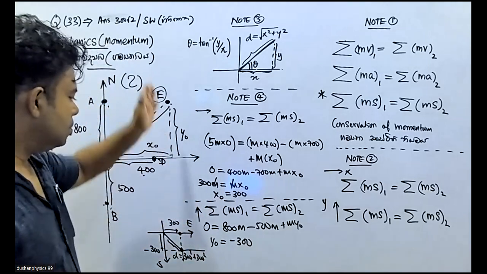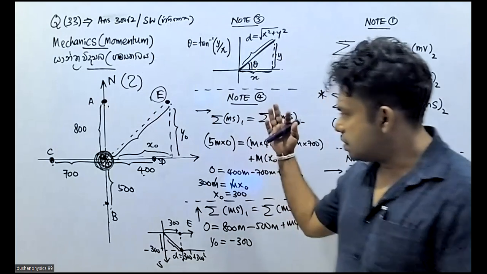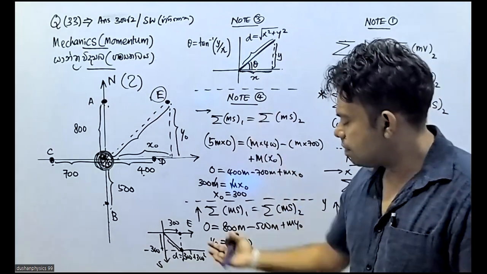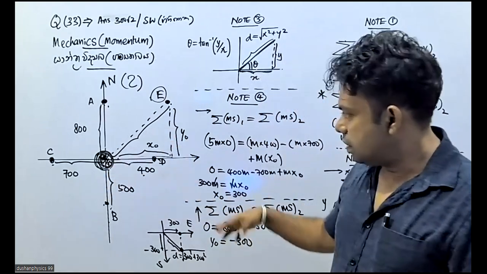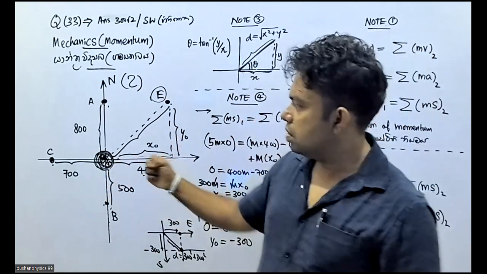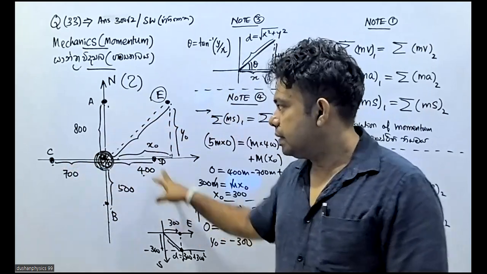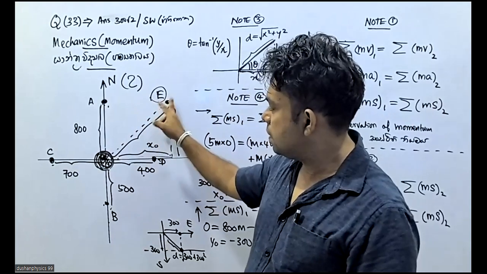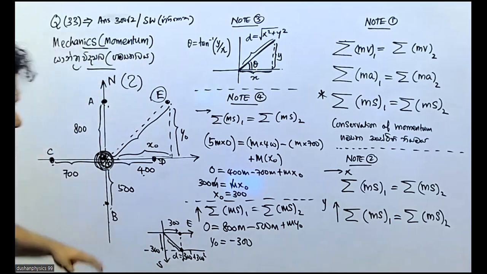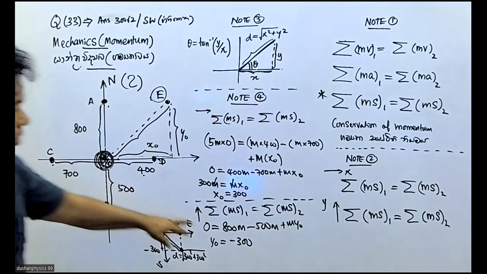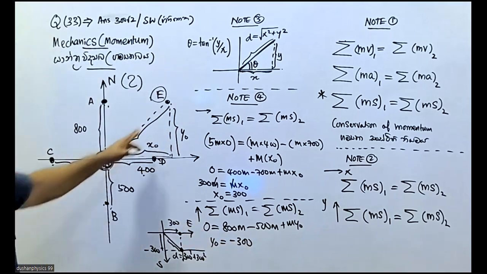Similarly, I am going to put the same equation in the y direction. Initially 0, and in the second situation I have to consider A and B because I can't consider C and D, plus this particular E particle's y coordinate. Therefore I have 800 into m minus 500 into m plus m y naught.